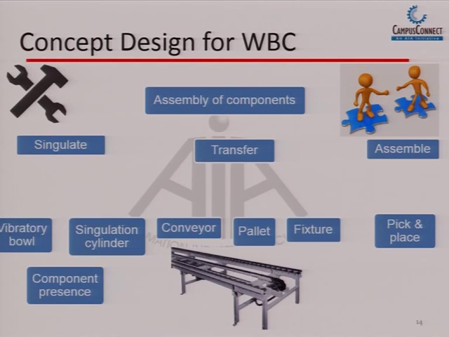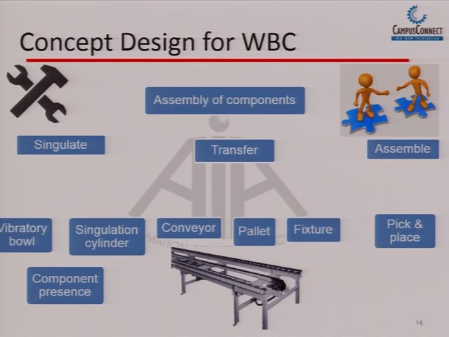Now in a concept design for WBC, we were doing assembly. It's a part of the concept design. Now assembly has three functions: singulate, transfer and assemble. Singulate is you have to singulate each part that comes out, and you have to transfer it from one part to another, and you have to assemble these three things. So singulation can be done using different methods.